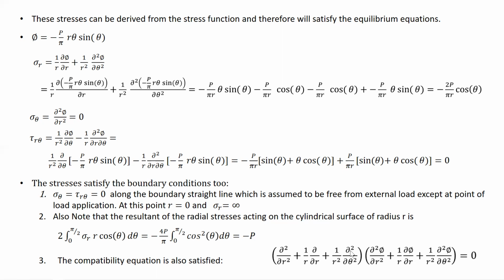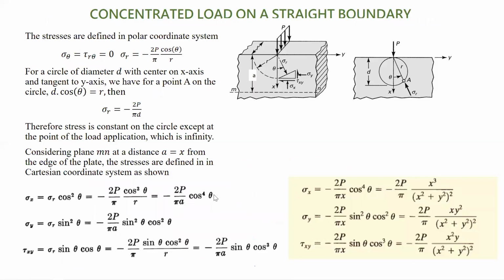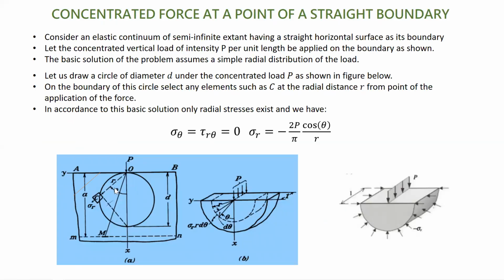Is it exactly the solution of my problem? I can see if the boundary conditions are satisfied or not. Along the straight boundary of the surface, when theta is equal to 0 or 180 degrees, I'm sorry, 90 or minus 90. Let me go back to this picture. When theta equal to, let me get my pen. The theta here is 90 degrees or minus 90 degrees to get that surface and that surface.